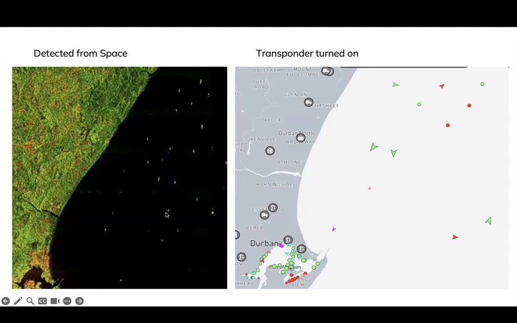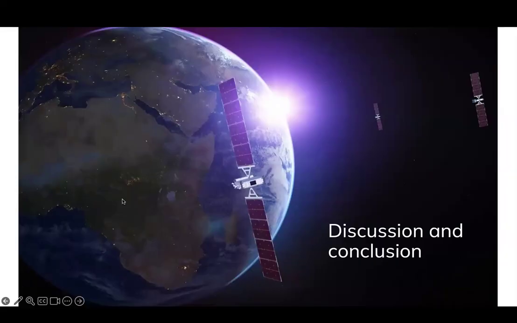Let's send the Coast Guard out, because this person is doing something illegal. Either they're fishing illegally, dumping oil, or poaching, whatever they may be doing. So this is a really good application where we can monitor from space and really protect all of our coastlines.